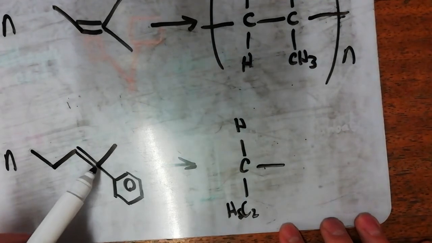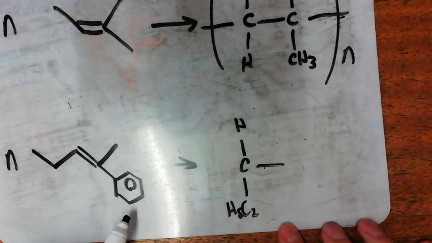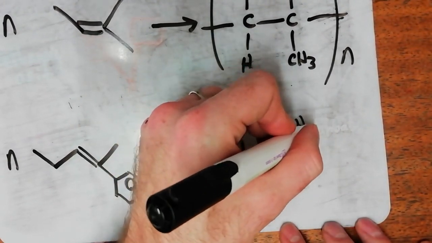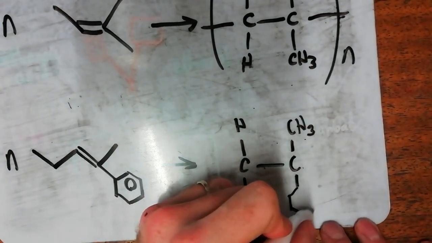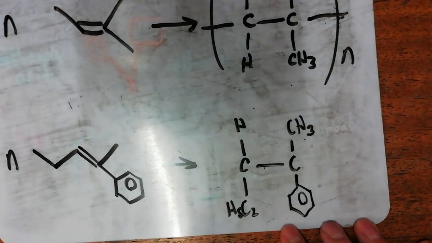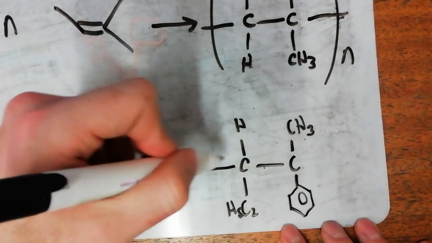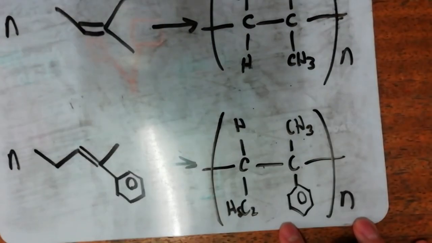The other carbon, I've got a methyl group, and then I've got a benzene ring attached. So CH3 up there, and below the plane of the bond, I've got a benzene ring. You can just draw it like that, or you can put C6H5. Big bonds out either side, brackets around it, and an n.